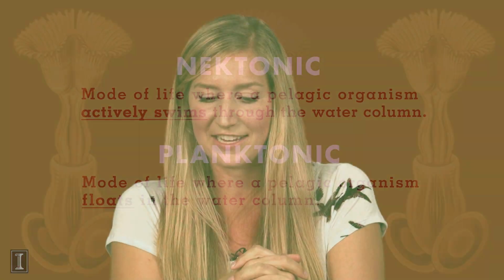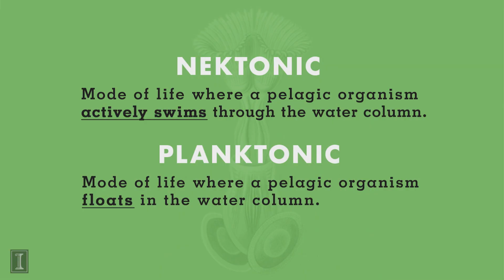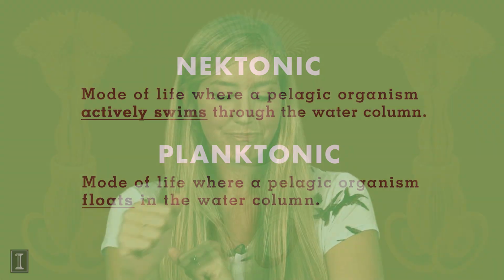A nektonic organism can swim in a particular direction, so it's actively swimming in a direction, versus a planktonic organism, which floats with the current. Now let's move from our pelagic area down to our benthic region, along the seafloor. This is where it gets a little muddy. Oh, no pun intended.